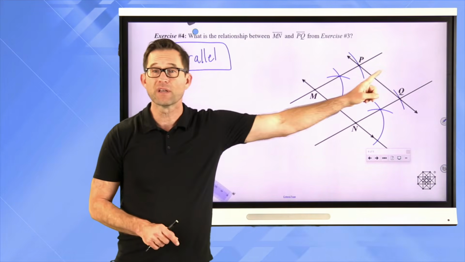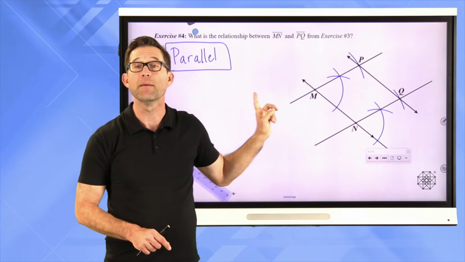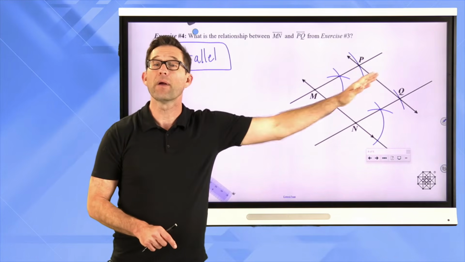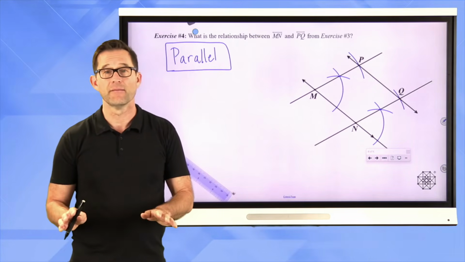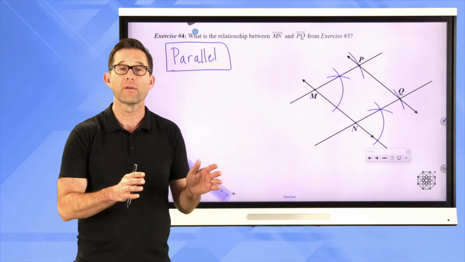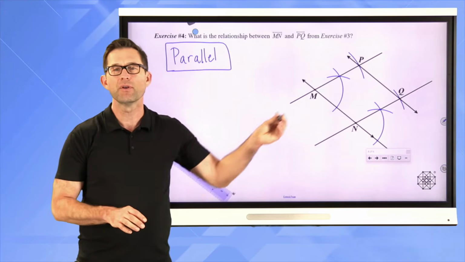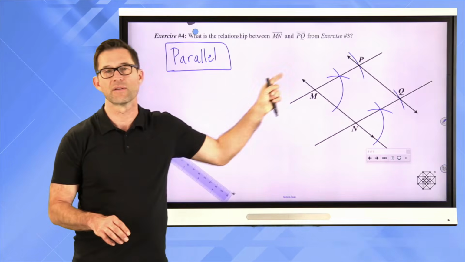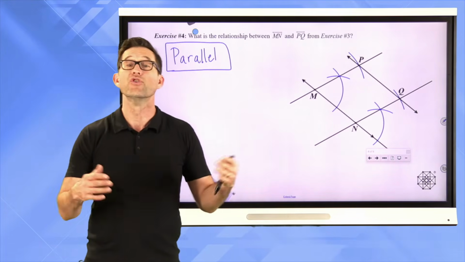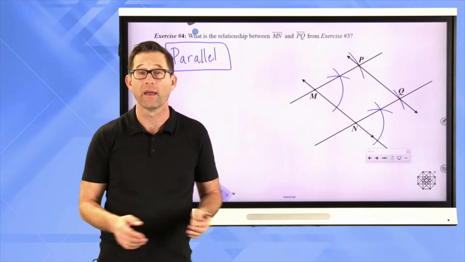So this particular line, which is the image of MN, will be parallel to it. Whenever you translate a line, its image will be parallel to the original. Again, assuming you're not translating it along the direction of the line. That's the only case where you don't get a parallel line, you just get the same line.